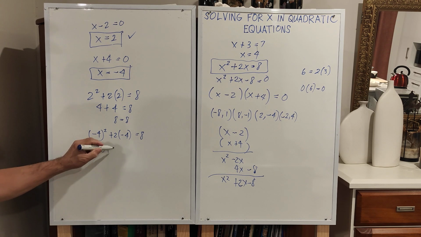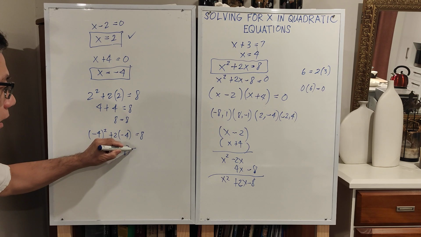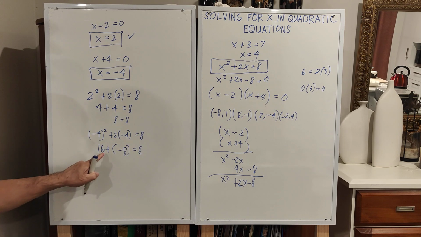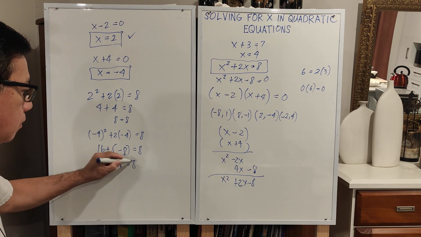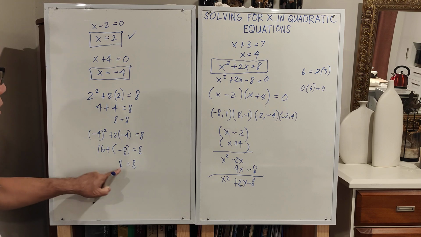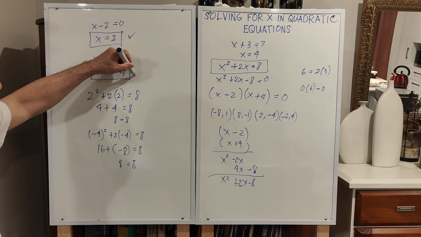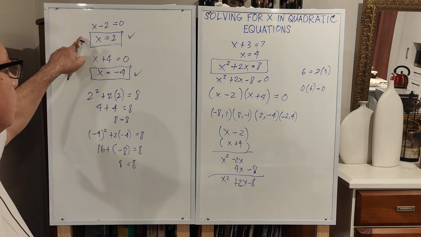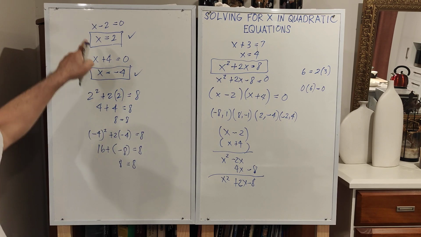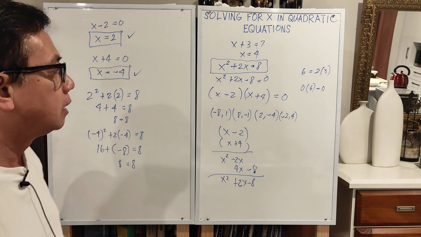Plus 2 times negative 4 is negative 8, is equal to 8. So 16 plus negative 8 is 8. 8 is equal to 8. So this means that this is also a correct answer. These are your values of x that are the answers for this trinomial.